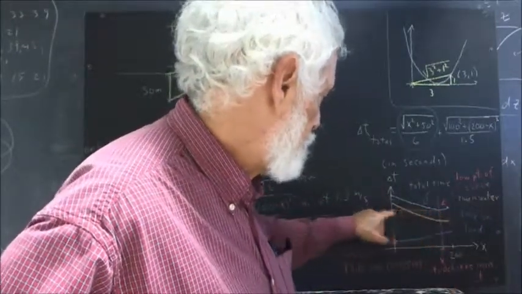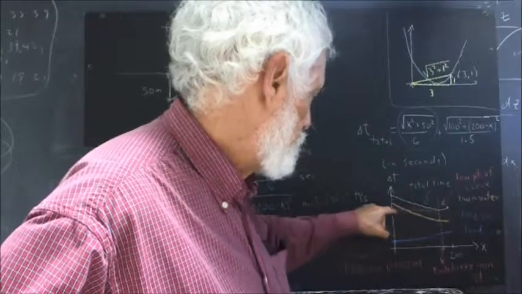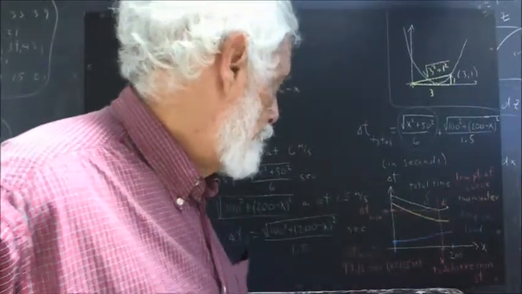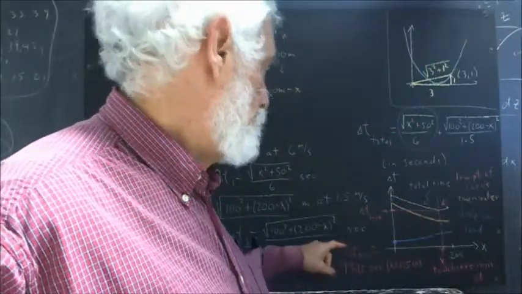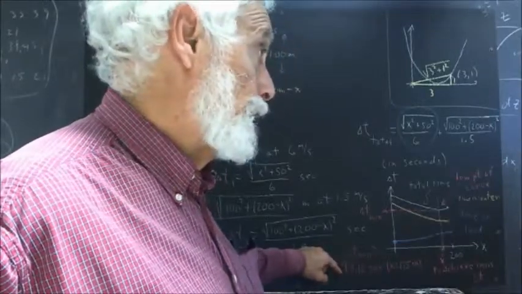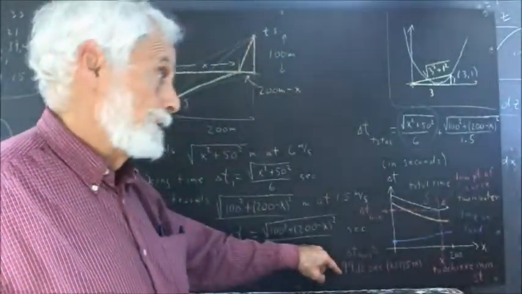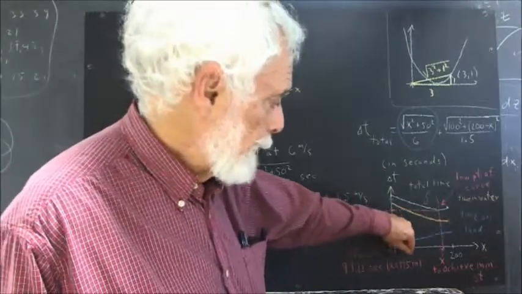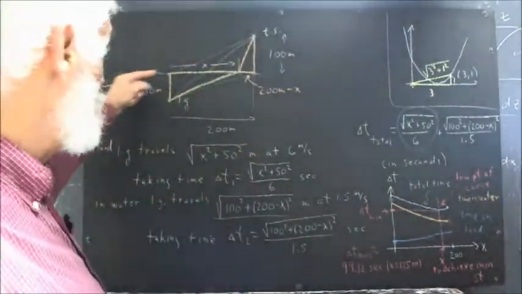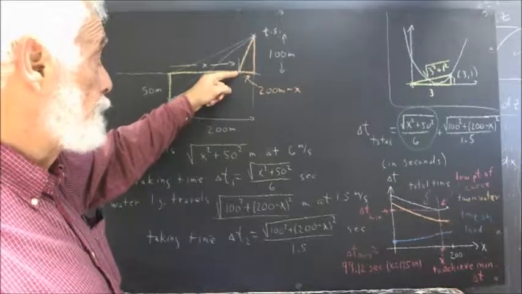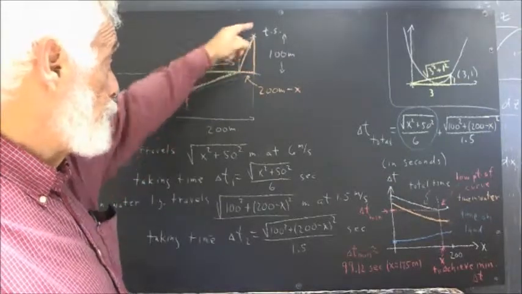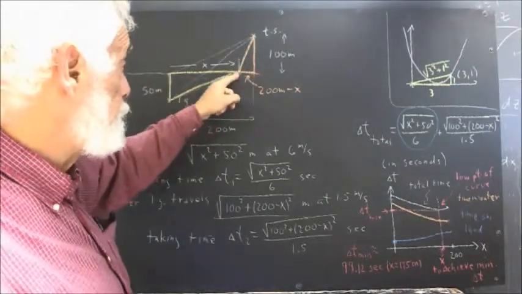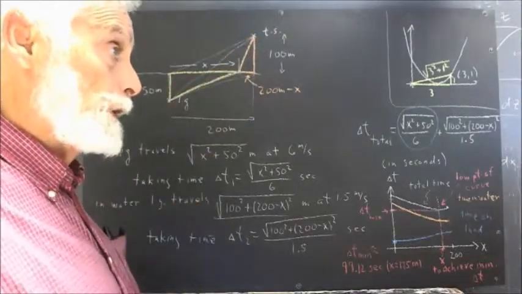So the minimum time is going to be whatever we get when we project over here. And it turns out that for this curve, the minimum time is about 99.12 seconds. And to achieve that, x is about 175 meters. You run down, and the last 25 meters, you just jump in the water. You aim for the point 25 meters short here. You jump in the water here.